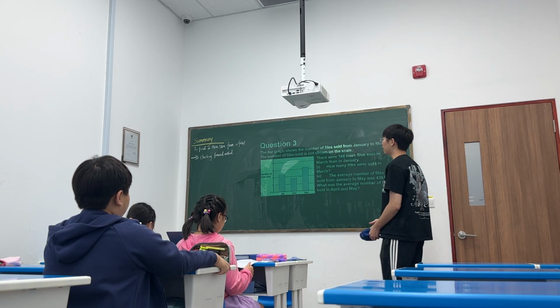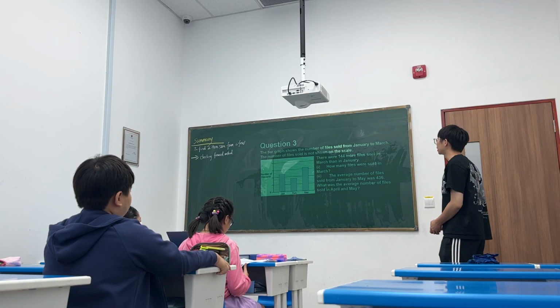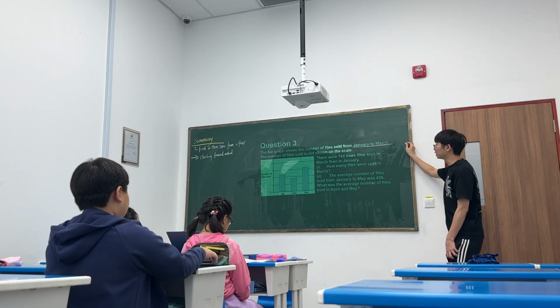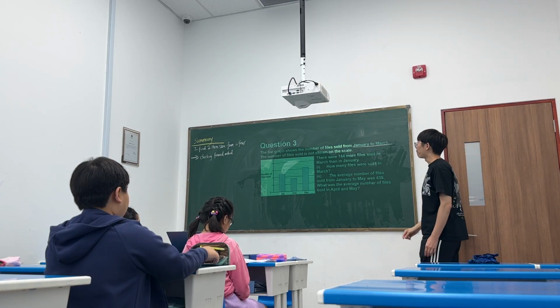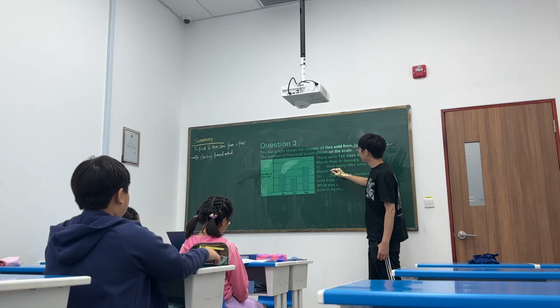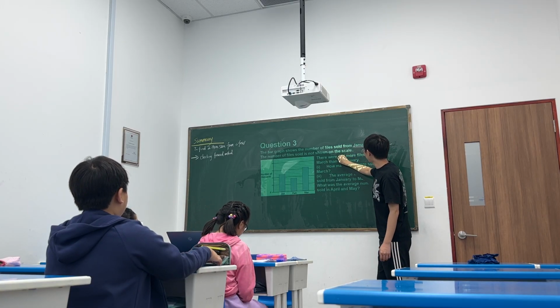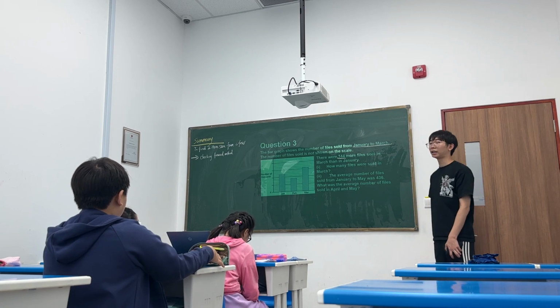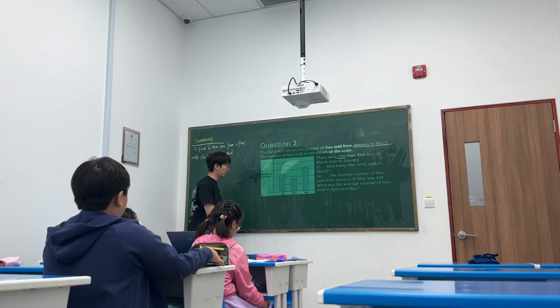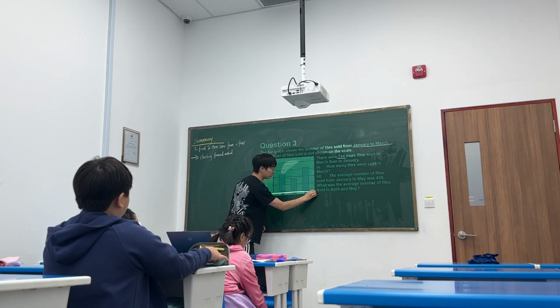Now in question 3, the bar graph shows the number of files sold from January to March. Alright, so in total there are 3 months in this bar graph. The number of files sold is not shown on the scale. So let's see here, there were in total 144 more files sold in March than in January. Alright, first of all, let's try to understand this graph. Again, let's observe it horizontally.